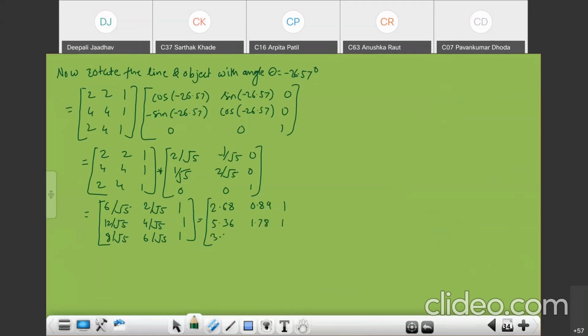Already I have done these calculations with the help of a calculator. Okay, now I am going to draw it here.